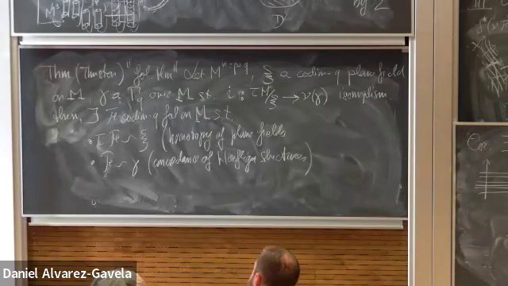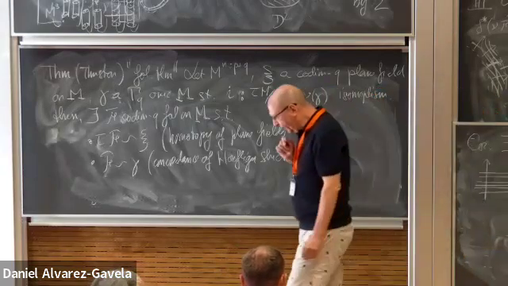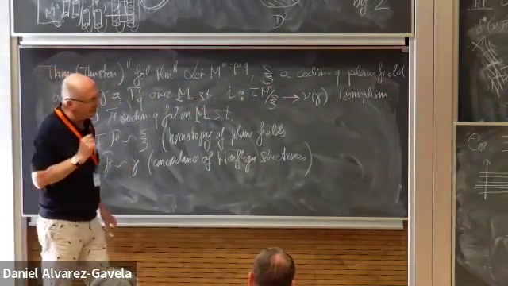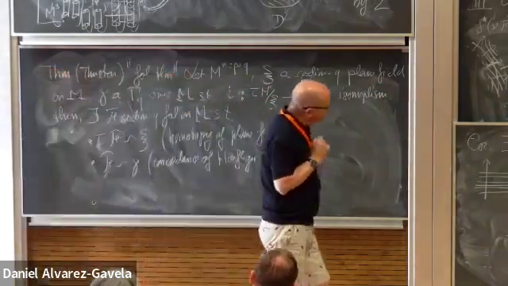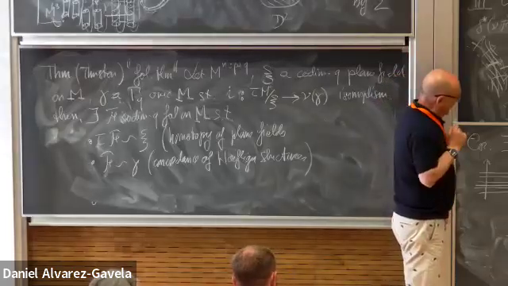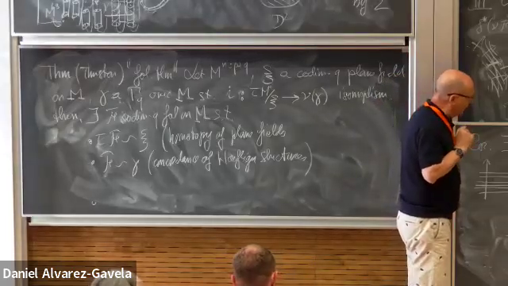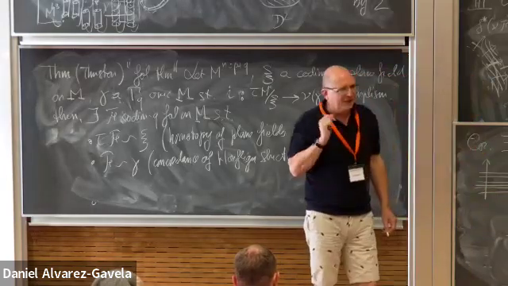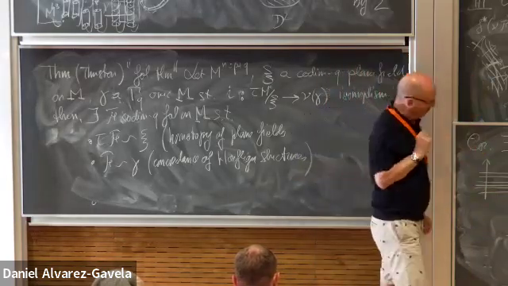So I haven't explained two things that I wanted to explain. First of all, why two-plane fields are always homotopic to integrable ones, to smooth integrable ones. It's due to the topology of the classifying space for Haefliger structures.